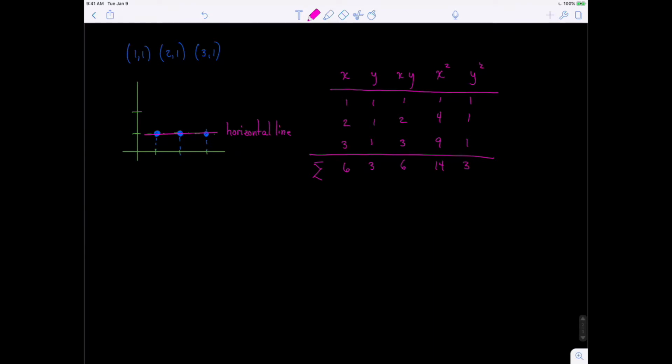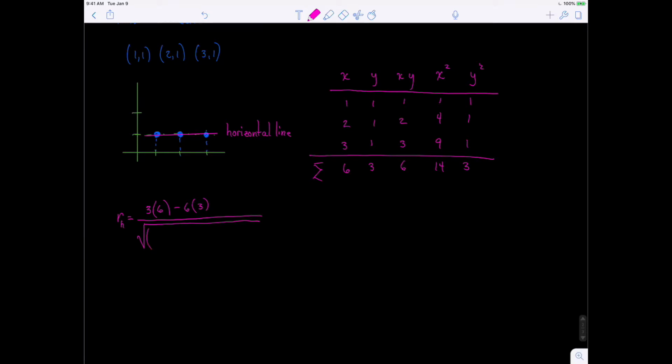All right, so let's calculate, I'm going to call it RH, for the correlation of the horizontal. That's what the H is for, horizontal correlation. Remember, we take the number of data, that's 3. We multiply it by the sum of the product of xy, that's 6, minus the sum of the x's times the sum of the y's. Then we're going to divide that by the square root, this big square root, and we take the number of data, 3, times the sum of the x squareds.